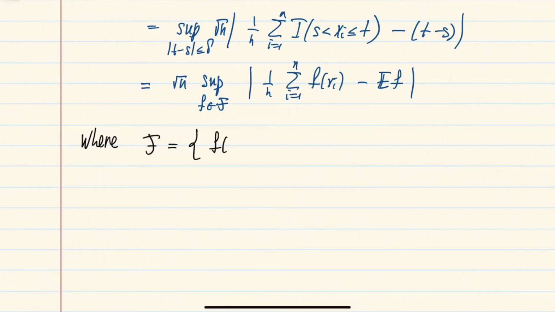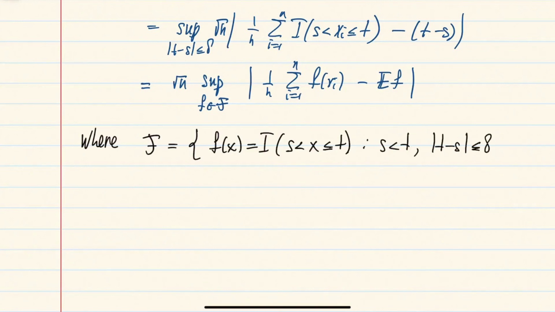Okay, so f of x is the indicator of the interval from s to t, right, where we choose s less than t within distance delta from each other.